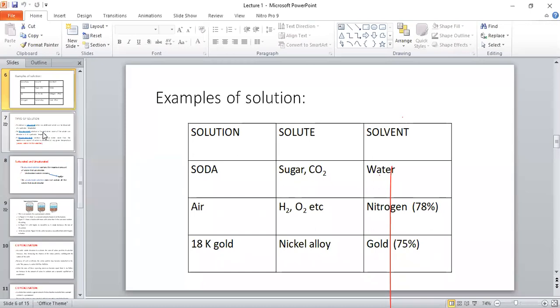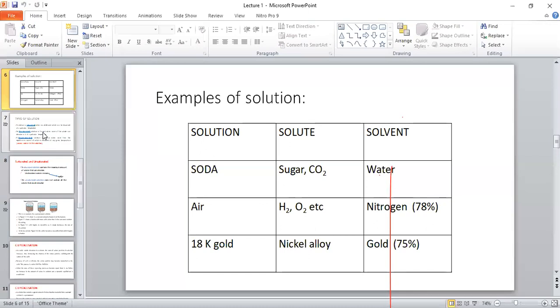And then we have a solid solution. In this case, for instance, 18-karat gold is a solution, and the solute here is nickel alloy. The solvent is gold.